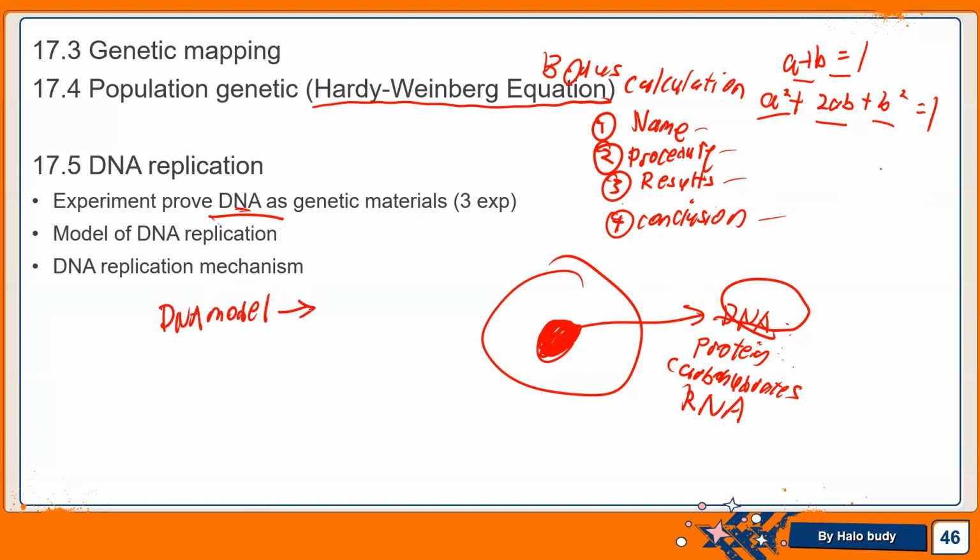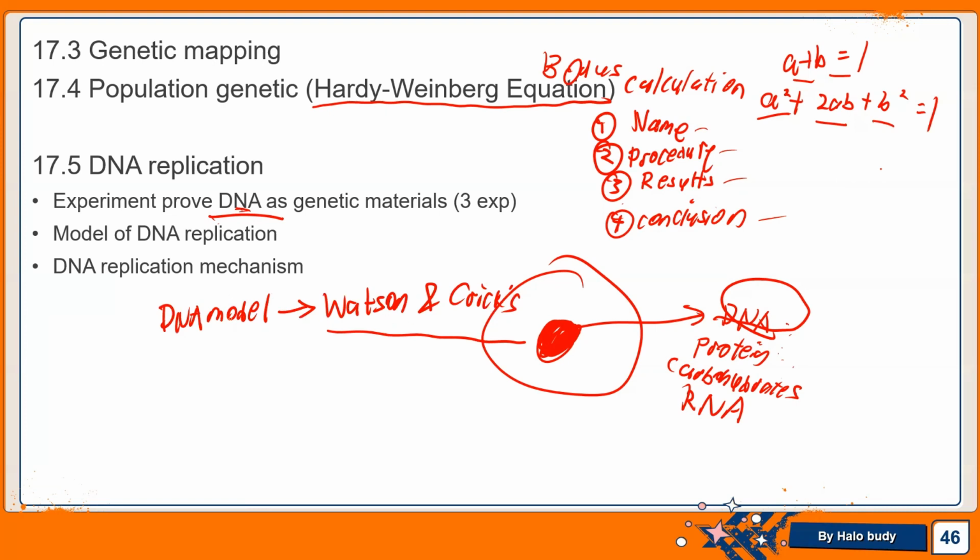Let me think first. DNA scientist. Watson. Ini Watson and Crick. Ni scientist. Yang ni scientist awal sempat ada jumpa kan? Dia yang propose DNA model kan?